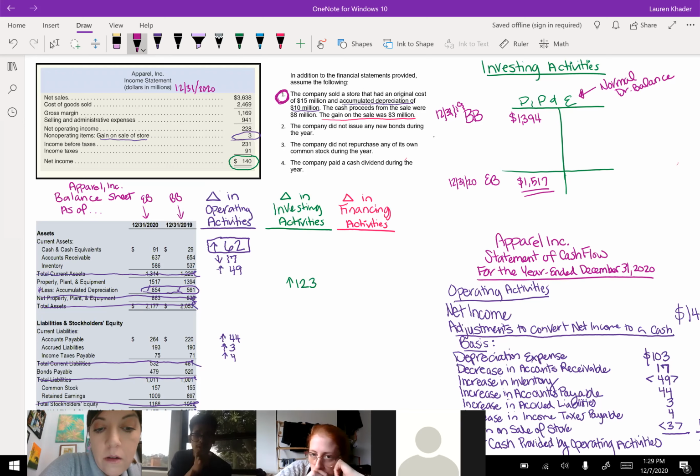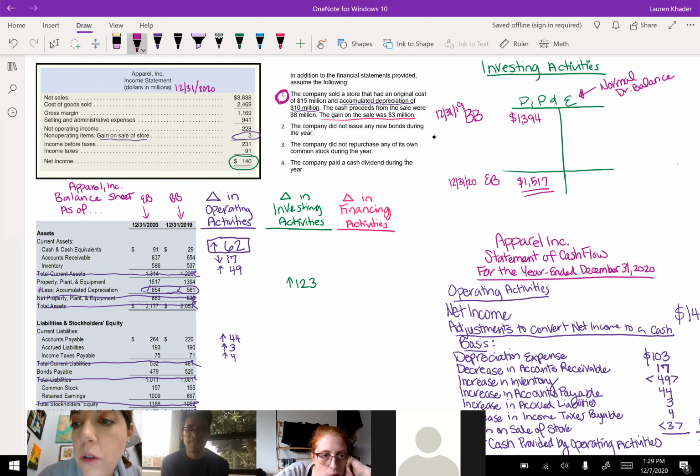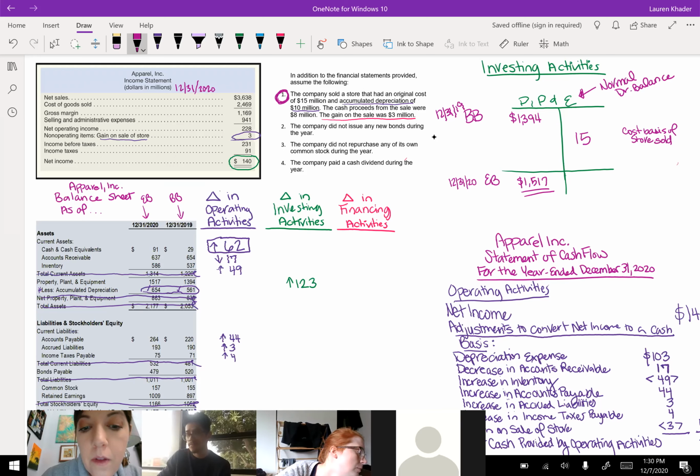Is it the original cost of the? Correct. The original cost of the store sold. So cost basis of store sold, this is the amount that we're reducing or taking out of property, plant, equipment. Because if we sell the store, it's no longer asset, right? And we're going to be solving for purchases of property, plant, and equipment.